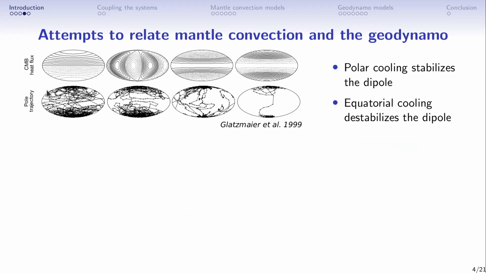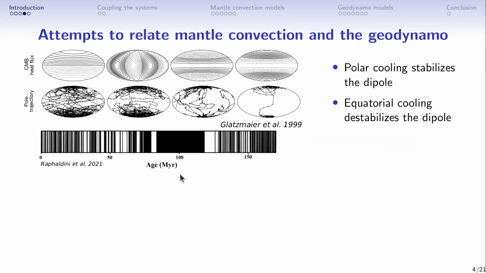It shows the magnetic pole trajectory for different heat flux conditions. And you can see that the stability of the magnetic dipole largely depends on the heat flux conditions. Those studies usually find that polar cooling of the core tends to stabilize the magnetic dipole, like in this case, while an equatorial cooling of the core tends to destabilize the magnetic dipole, like in this case.